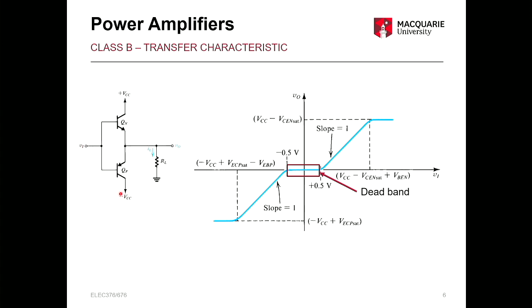And that's because these transistors in the quiescent state are not operating. They're both cut off. It's great for power efficiency when you've got no input, but it means you need 0.5 V or more, depending on your transistor, to get any output to occur. And then we have a typical transfer characteristic after that, with a slope of approximately 1 and limited by transistors remaining in the active region. Okay?